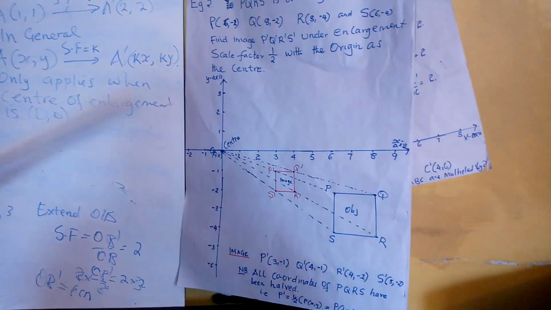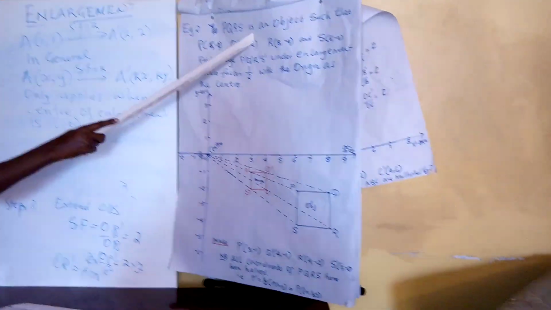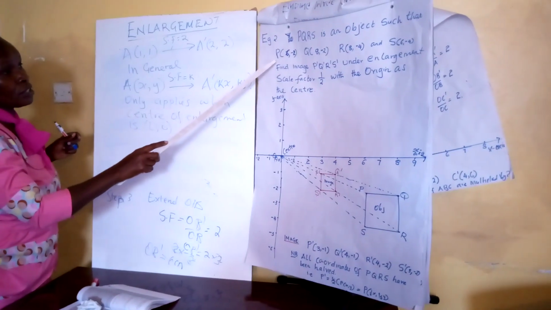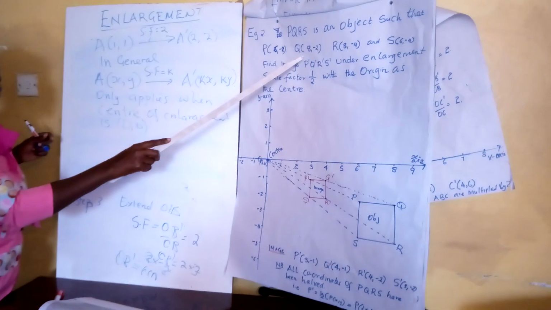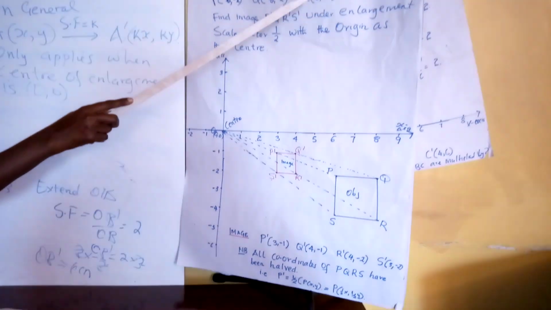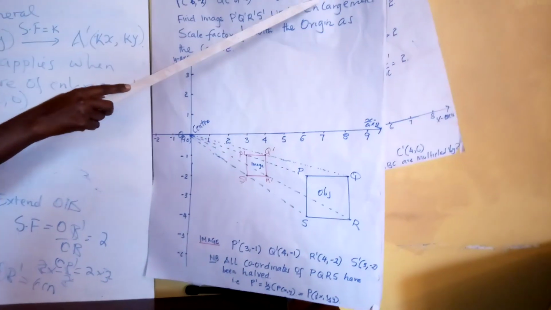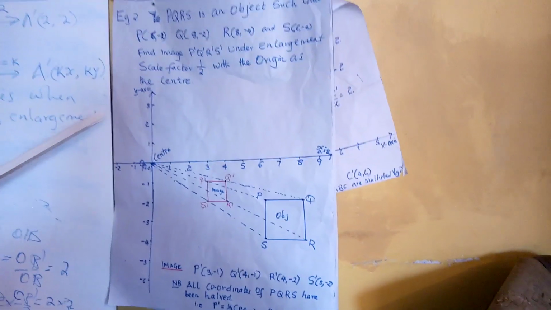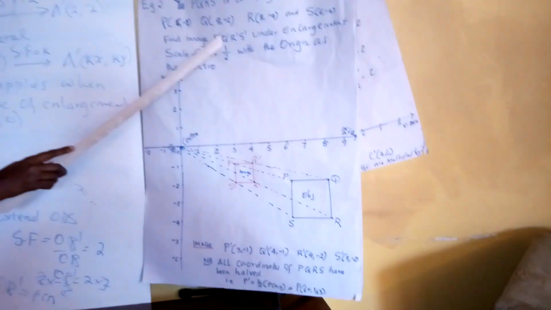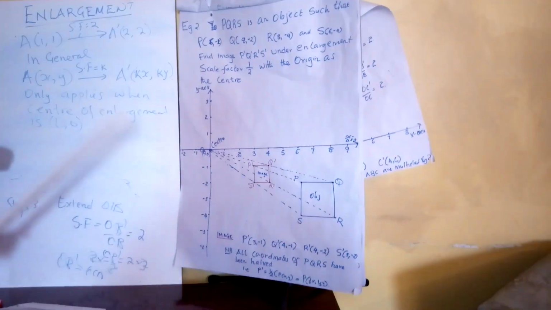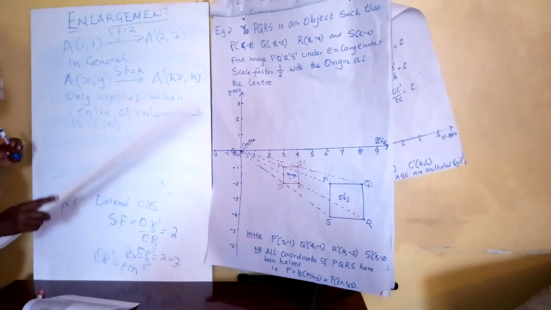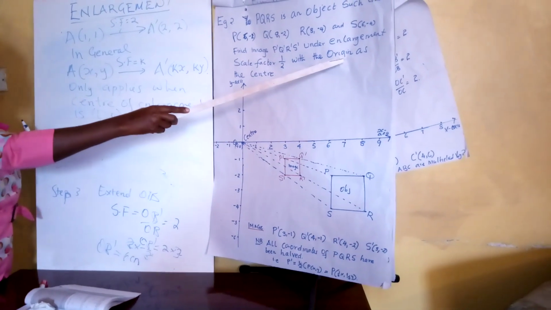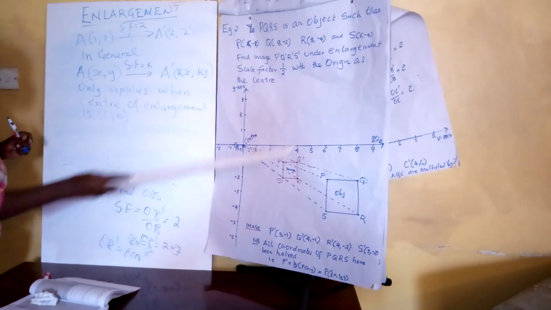We have been given PQRS as an object such that its vertices are P (6, -2), Q (8, -2), R (8, -4), and S (6, -4). You've been told to find the image P prime, Q prime, R prime, S prime under enlargement, scale factor half, with the origin as a center. And I've said origin is the same as (0, 0).